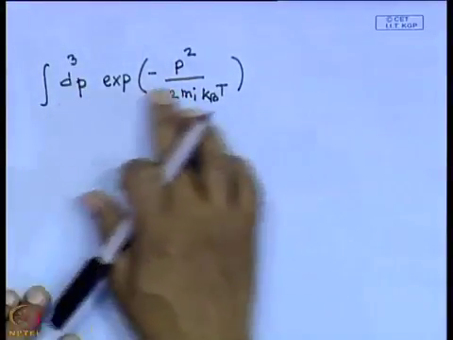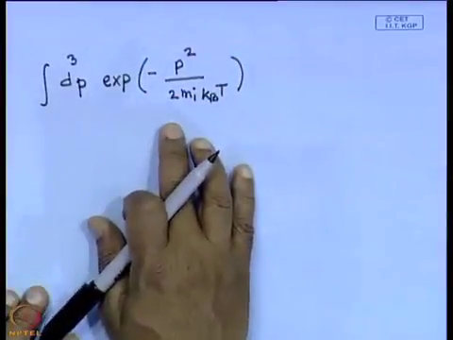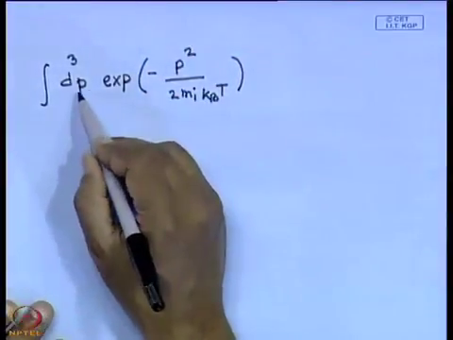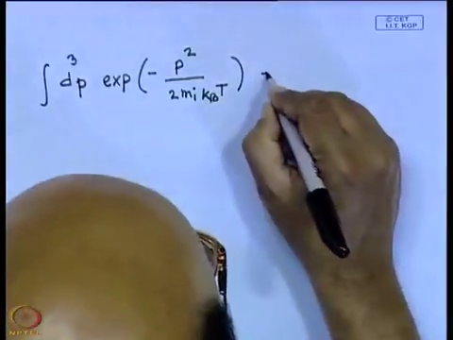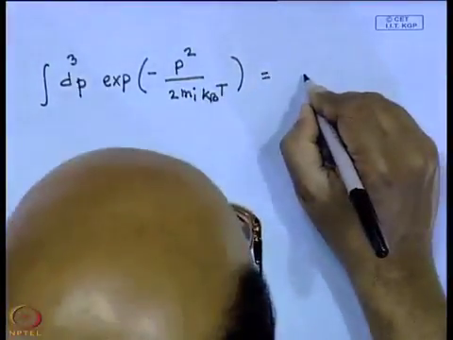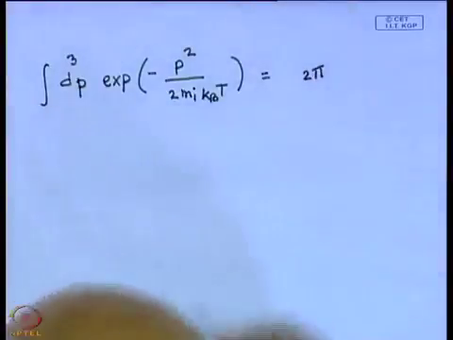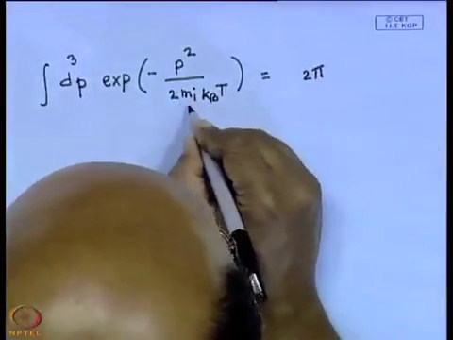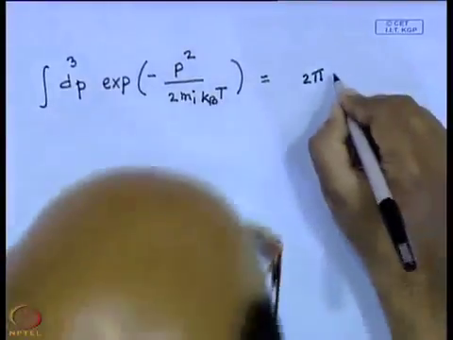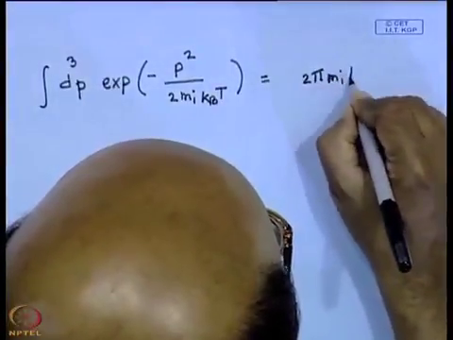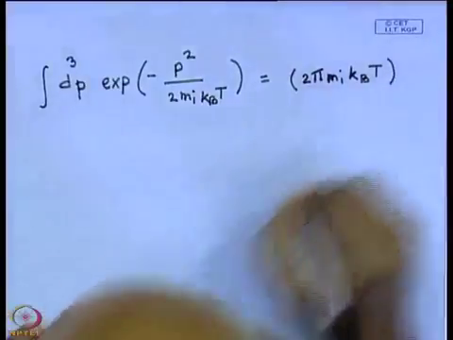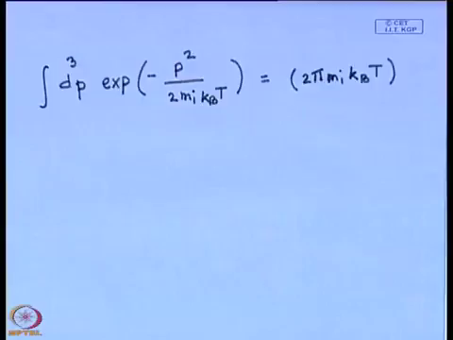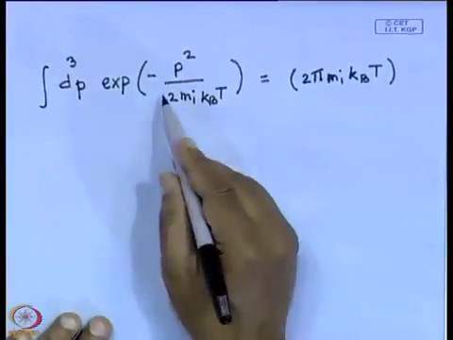There are basically 3 Gaussians in this, 3 different Gaussians, each of them being integrated from minus infinity to plus infinity. So, each of these integrals gives us a factor 2 pi into this number over here, m_i k_B T, the whole thing to the power half is one of the integrals.